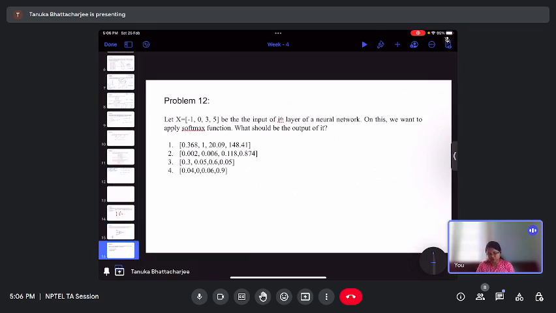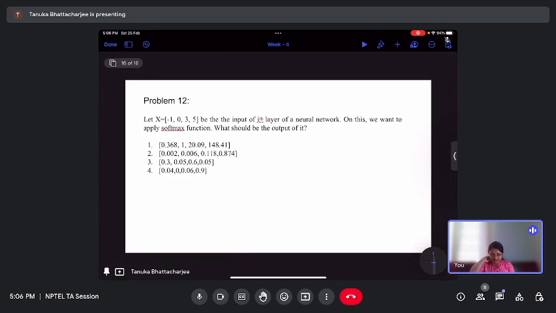Now, let us move on to the last problem for today. Let us say x equal to [-1, 0, 3, 5] be the input of the ith layer of a neural network. On this we want to apply the softmax function, then what will be the output of it. So, the softmax function, if Si is the ith value of the softmax output, then how is it computed?